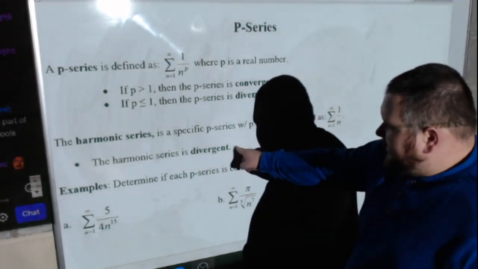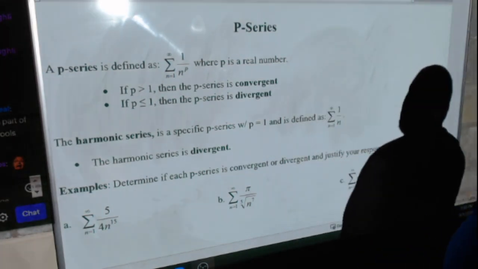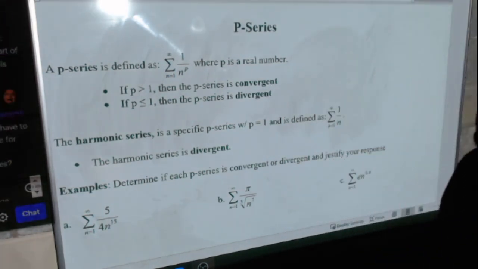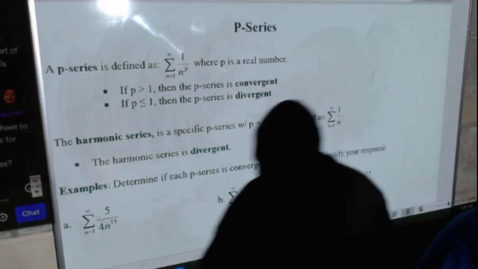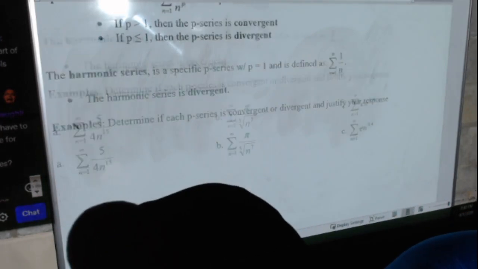We can just say it diverges because it's been proven many, many times. No, you do not have to solve for where it converges. I'll be very specific if that is the case.